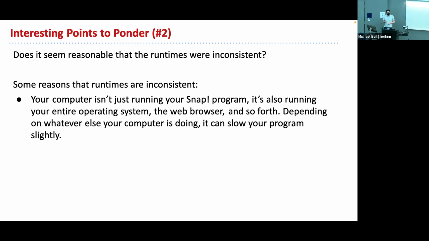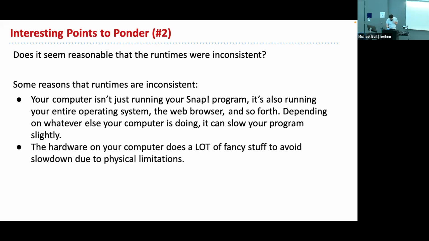Maybe you have a video running in the background, or a project running in another tab. All of these things affect the resources that your computer can use. And so at any given time, your computer might want to finish a computation before it says, hey, Snap, now it's your turn to do some computation. So if we use a clock timer like we've been doing, we'll always see a little bit of inconsistency.